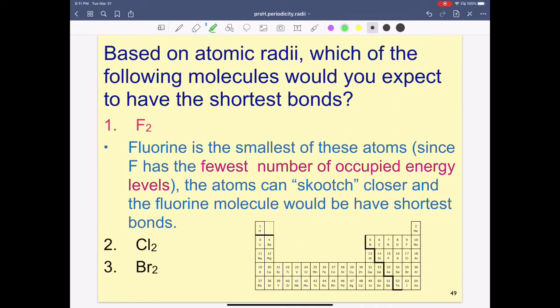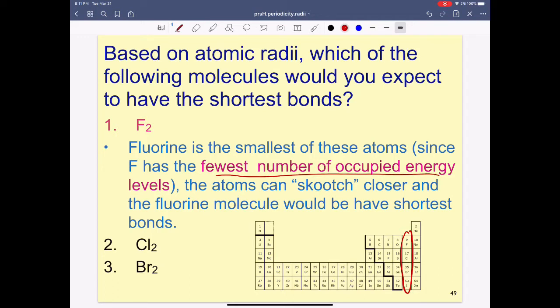So based on what you just learned, in the fluorine group, fluorine is the smallest atom because it has the fewest number of occupied energy levels.